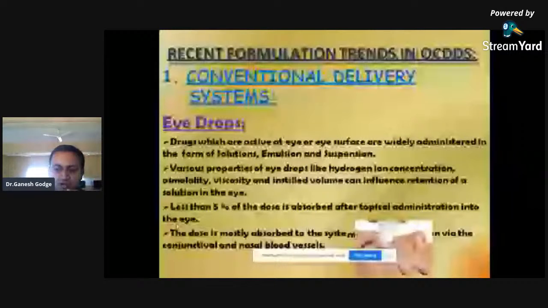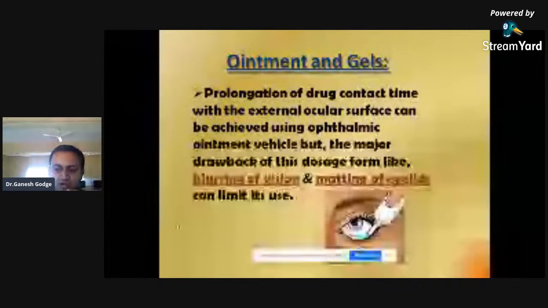Then ointments and gels, which have overcome drawbacks of solution, suspension, and emulsion eye drops, but they have drawbacks like blurring of vision and matted eyelids, due to which they also have limited application. After that, Ocuserts and Lacricerts are the systems which ensure proper prolonged contact time. Another example is vesicular system, which are new ocular preparations, NODDS, new ocular drug delivery systems.